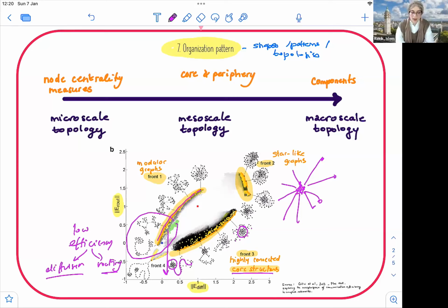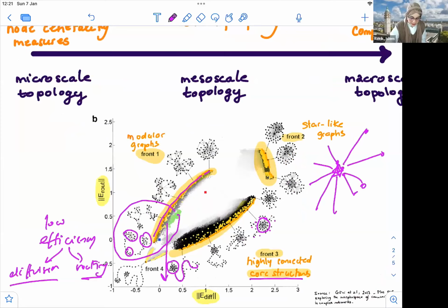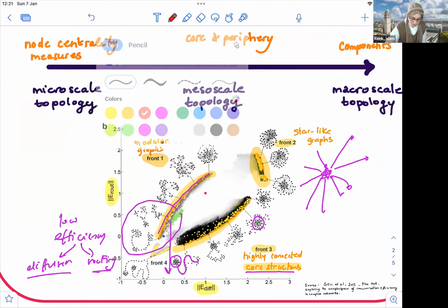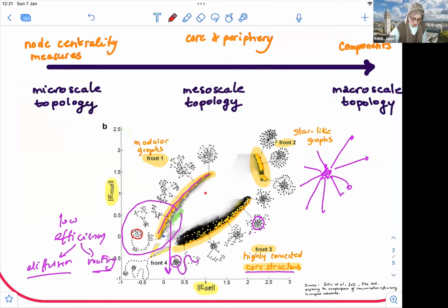These are 2 different ways of measuring the efficiency of information propagation through a graph. You can see that these are actually the worst. They do not diffuse information very well. Why? Because they have these long paths. For example, to get from a node in this cluster to a node in that cluster, you need to traverse all these nodes.